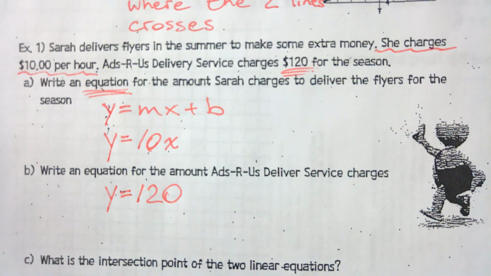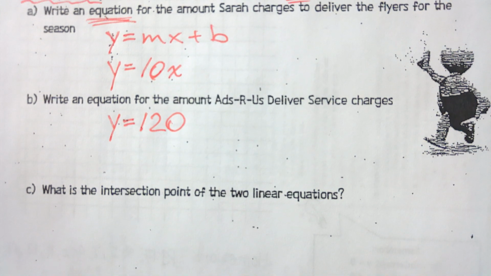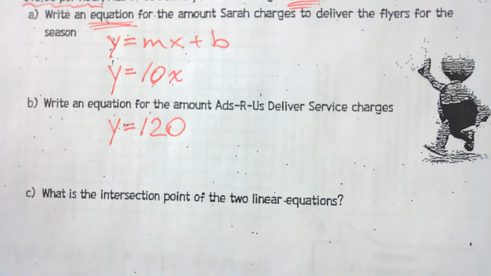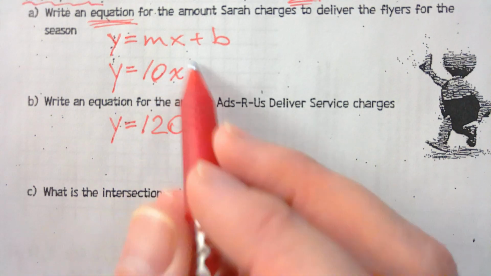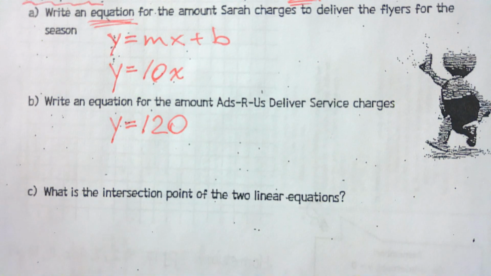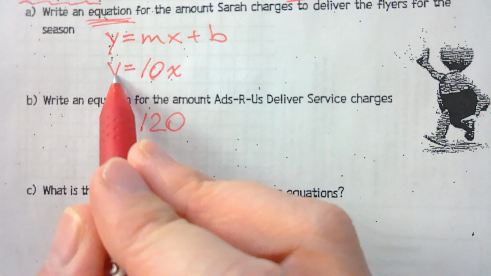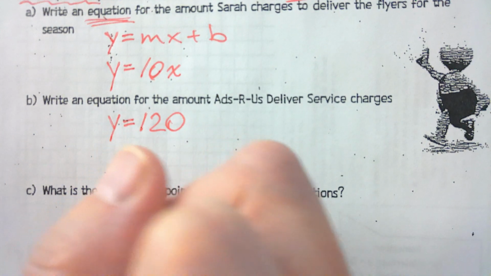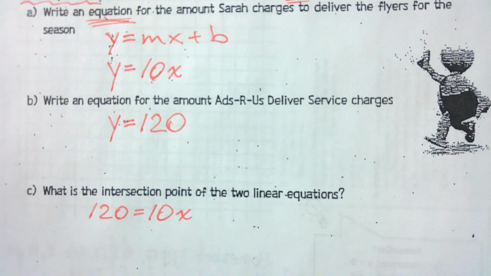And so now that we have two equations, what is the intersection point of these two linear equations? If I'm saying y equals this and y also equals this, then I can substitute. I can replace this y right here with 120, so 120 equals 10x.